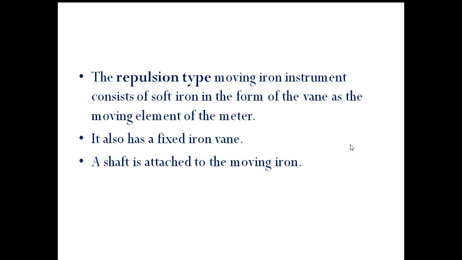The repulsion type moving iron instrument consists of soft iron in the form of a vane as the moving element of the meter. It also has a fixed iron vane. A shaft is attached to the moving iron.